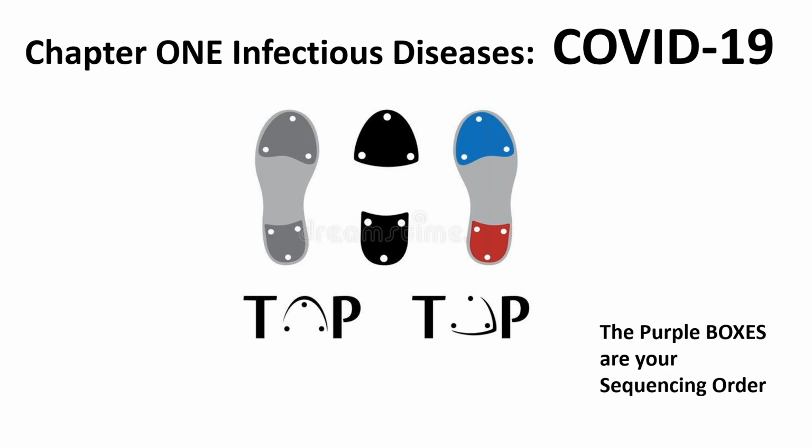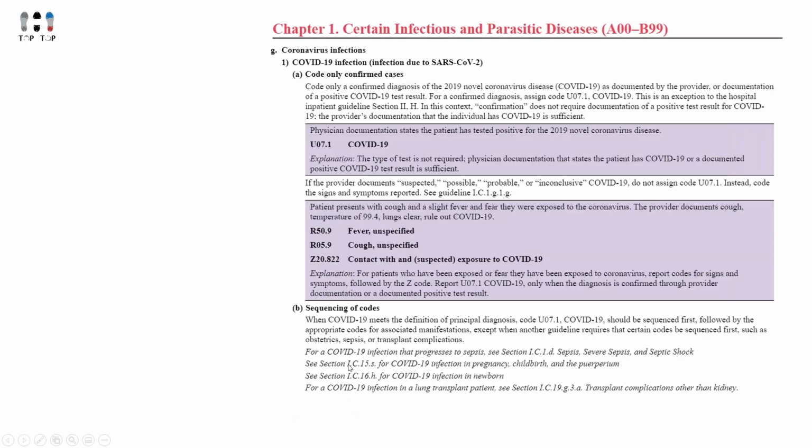You ready to move on to COVID-19? And don't forget those purple boxes. Study them. It's good. All right, so now we're still in Chapter 1, certain infectious and parasitic diseases. We're talking about coronavirus. Remember, code only confirmed cases.